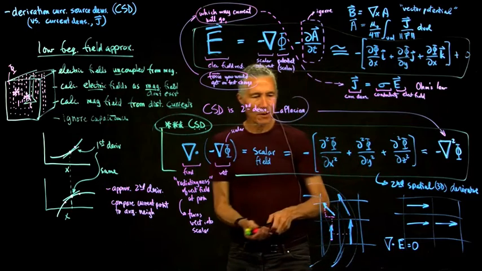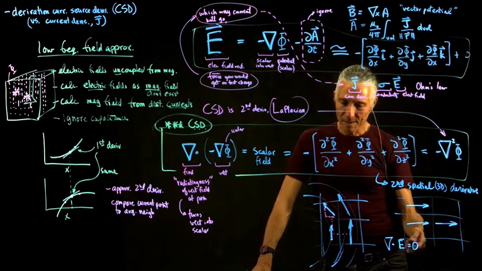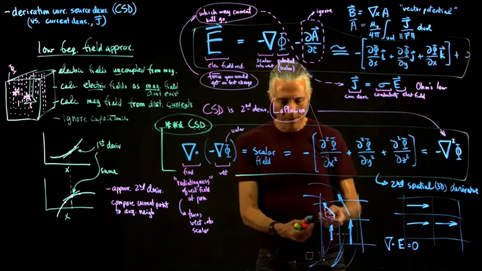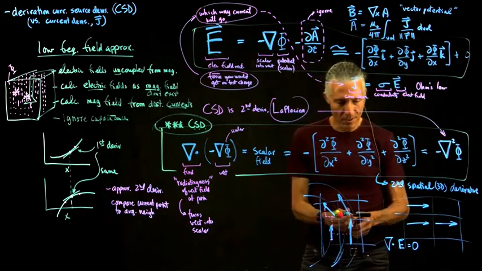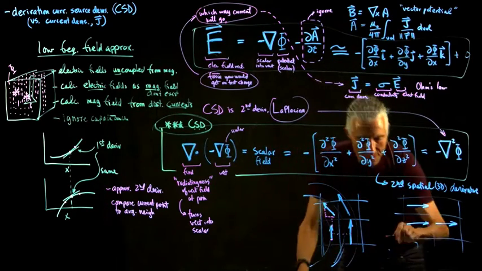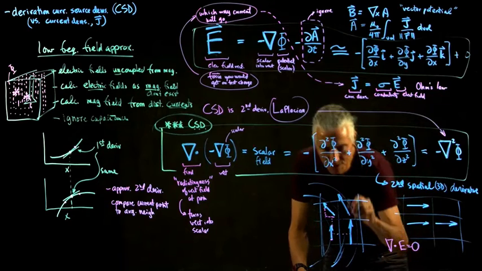So it turns out if the vectors are all in the same direction, the divergence is 0. If the vectors are in a perfect circular pattern, the divergence is also 0. So the divergence of that E is 0, but it's also 0 here.